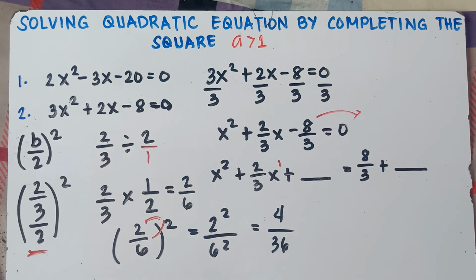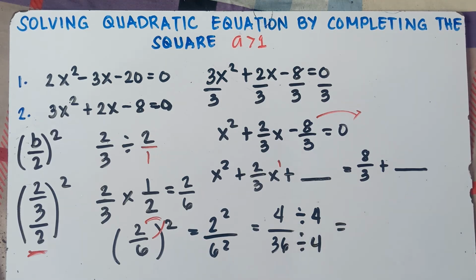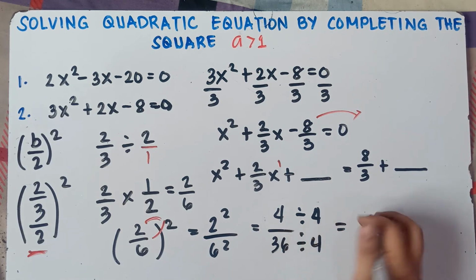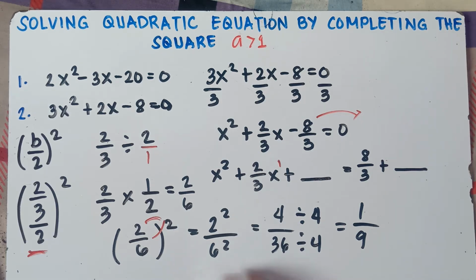Yup, we can. We can reduce this one by 4, the GCF of 4 and 36. So 4 divided by 4 is 1, and 36 divided by 4 is 9. 1 over 9. But it will take time, class, if you do it this way.